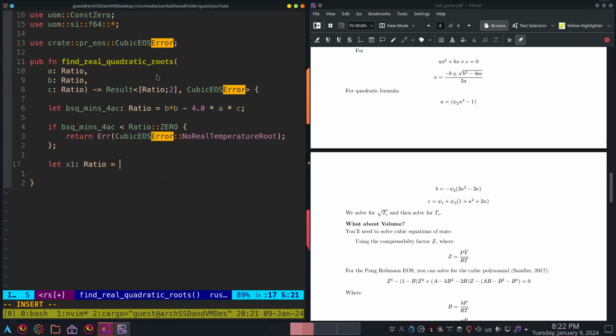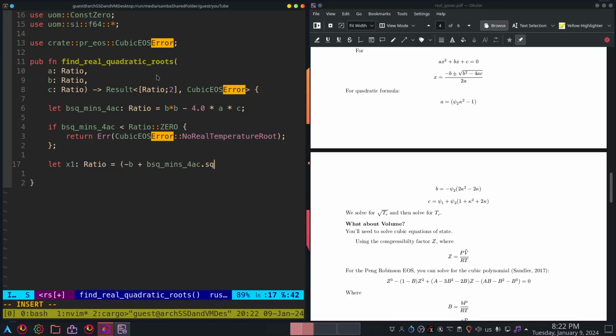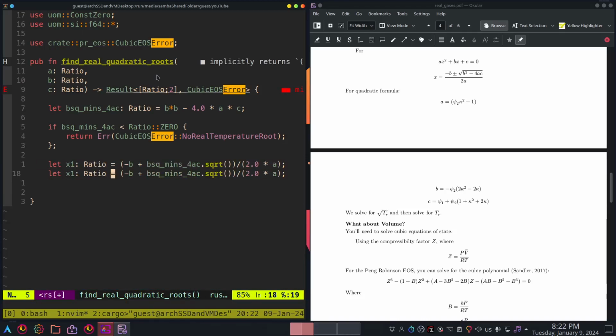These are all dimensionless anyway, so it's minus b plus the square root of b squared minus 4ac, divided by 2.0 times a. Then I'm going to do x2 as well, except this time it's a minus.